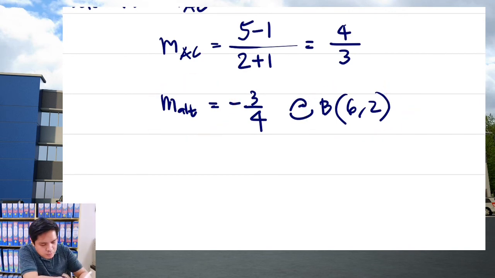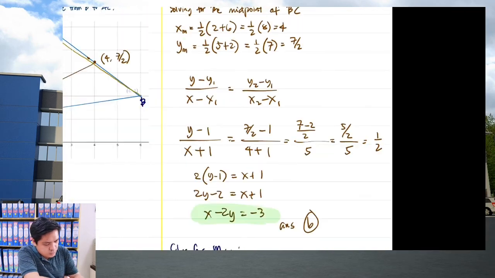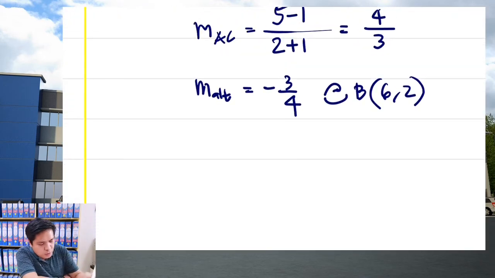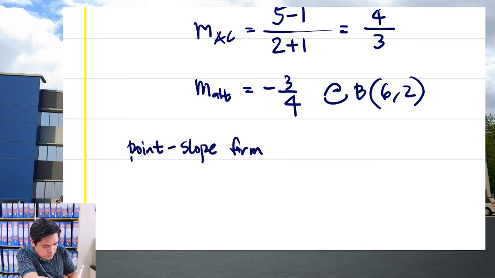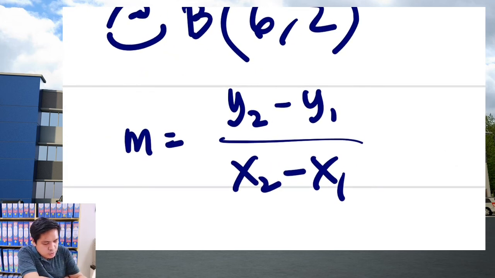So we can use this formula. This is the point-slope form. This is based on the equation of the slope. We know that the slope is equal to y2 minus y1 over x2 minus x1. Then, since the slope is given, we don't need another point x2, y2, right? So we can just compare it to the general coordinate x1, y1.